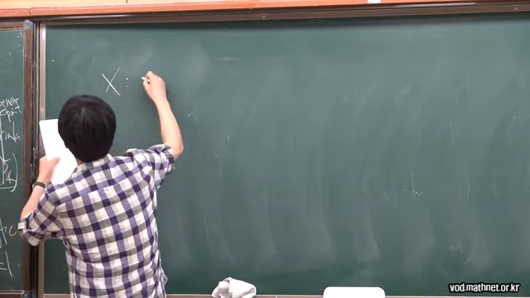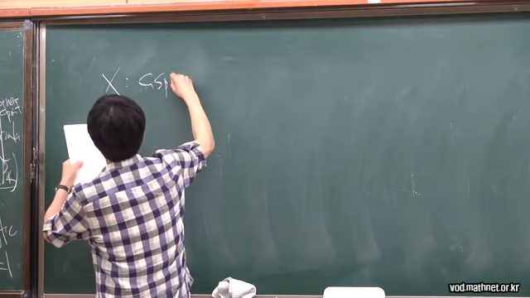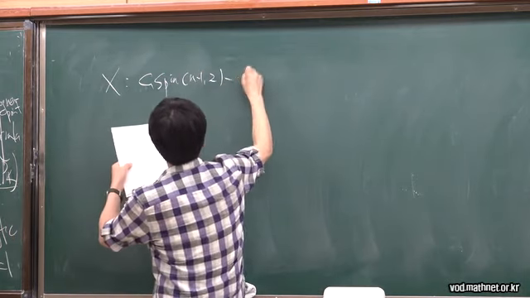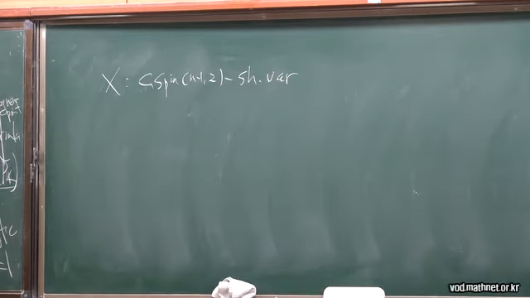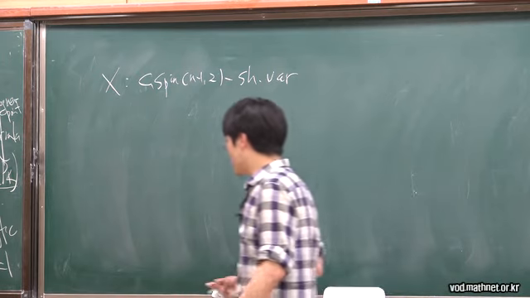So X is the GSpin(n-1, 2) Shimura variety. On these Shimura varieties, he considered certain very special cycles, which are defined by a certain moduli interpretation. And then he verified that a certain generating series whose coefficients are special cycles is also a modular form.